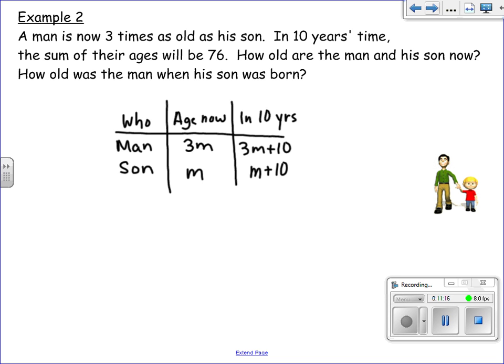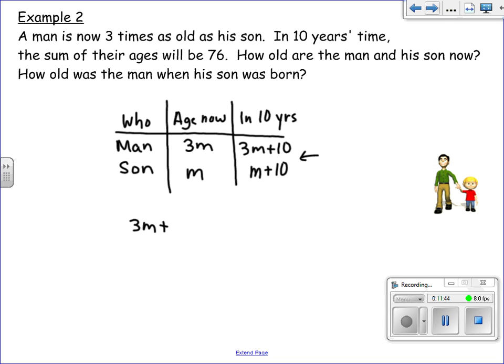So you got to make sure you're looking at their expressions for their ages in 10 years, and that's what they're going to sum to. So what will that equation be? Can you tell me, Luke? 3M plus 10. Just give me all of the man first.